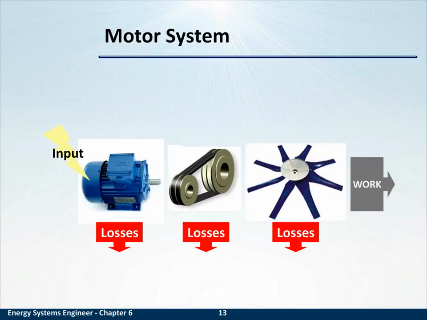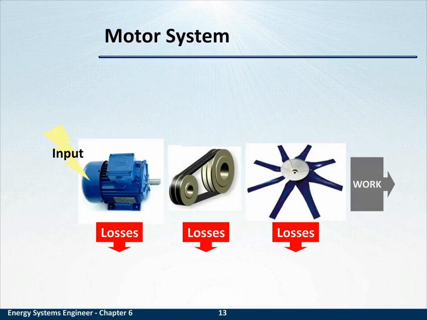The reason to show this motor system is we've been discussing so far efficiency and rating and power factor, but we aren't using just a motor. The motor is attached to something, which is attached to something, and there could be many things attached to this motor.